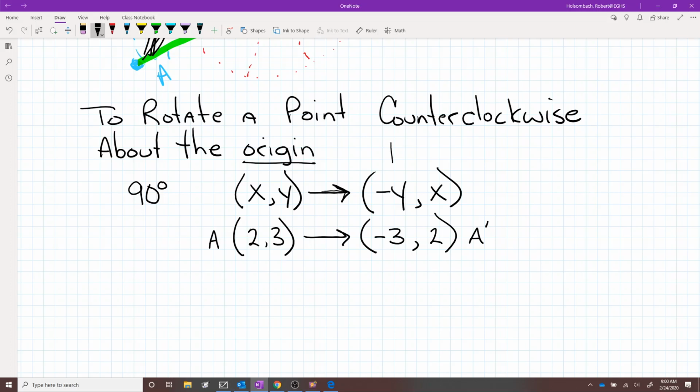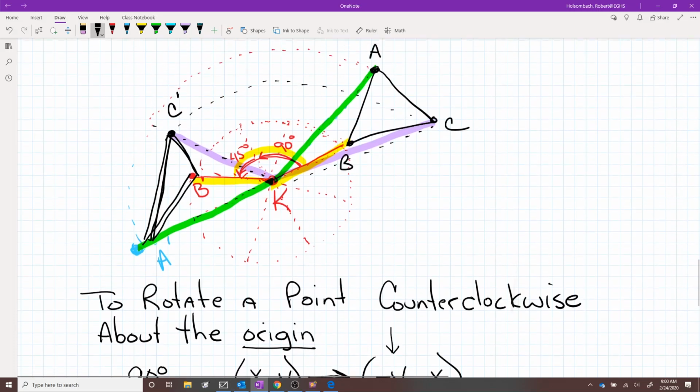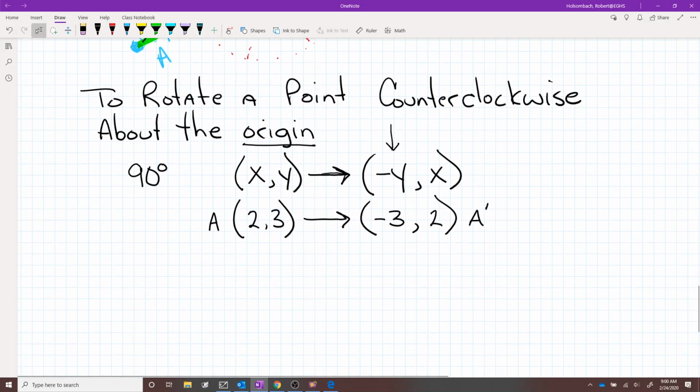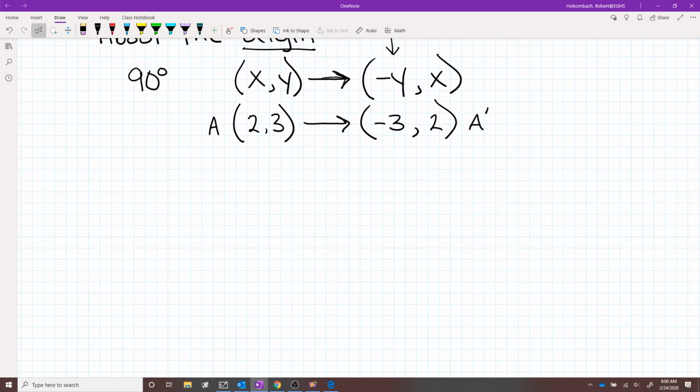This means my new x value will become the opposite of my original y, and my new y value will stay the same as my original x. Okay? It's a super shortcut so you don't have to do all that. So for a 90-degree rotation counterclockwise about the origin, it's real clean.